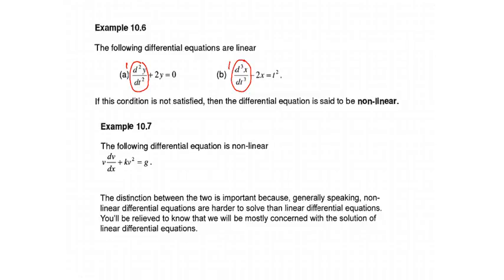What I want to do next is try and bring all the terms which I'm trying to integrate. So here we're trying to integrate y, so we want to bring them all onto the left hand side, and any other variables that aren't to do with the variable that we're integrating onto the right hand side. So here we don't have any except for the derivative term, that's allowed to be on the left hand side.